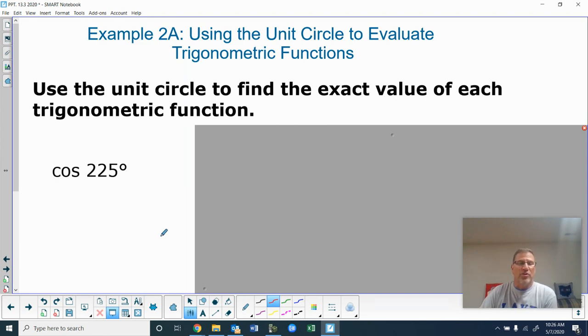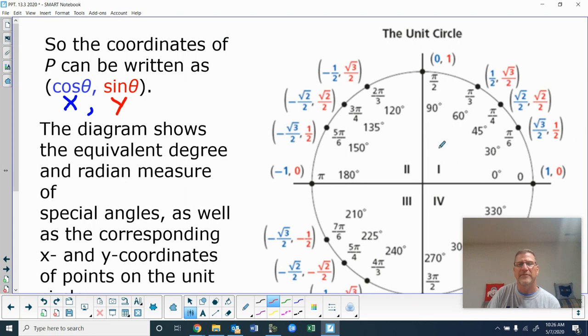All right. So cosine of 225. It says use the unit circle to find the exact value of the trig function. Okay. So if we go back to our picture, 225 is right here. So there's the point at 225. We're in the third quadrant. And remember, this is the cosine, the blue one, the one that comes first, and the red one is the sine.